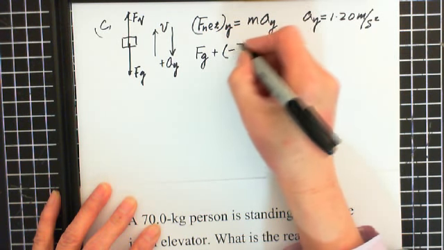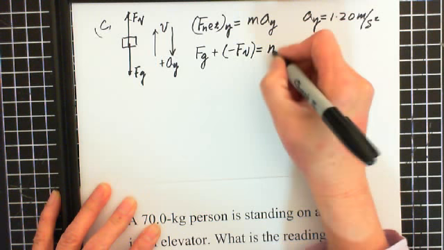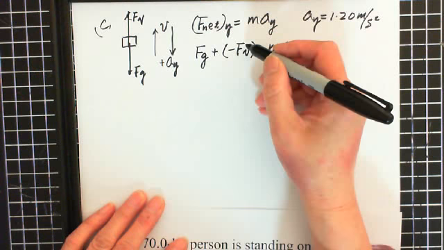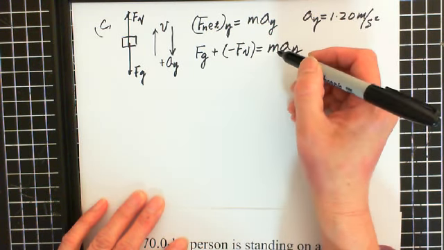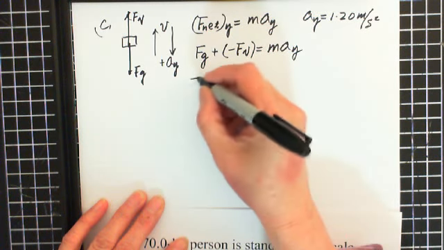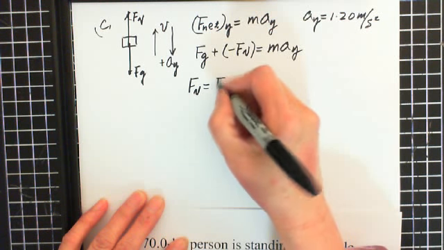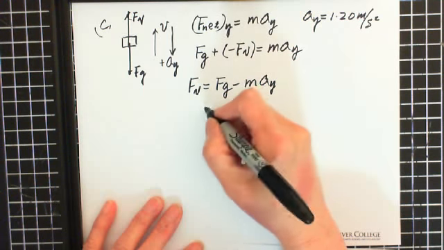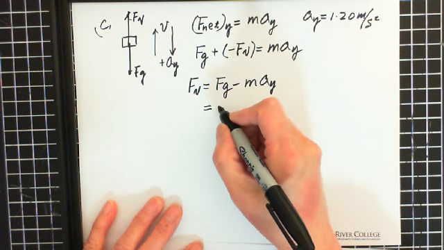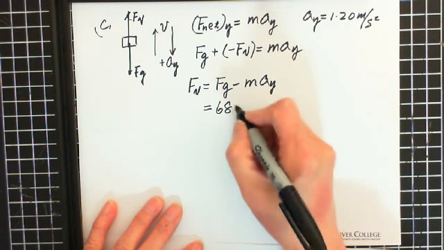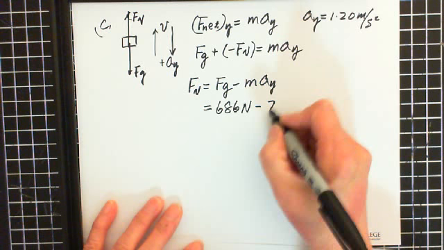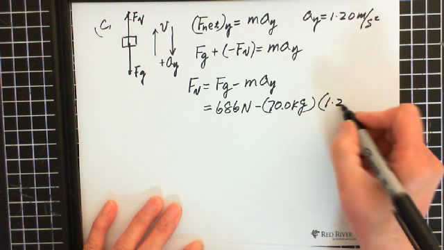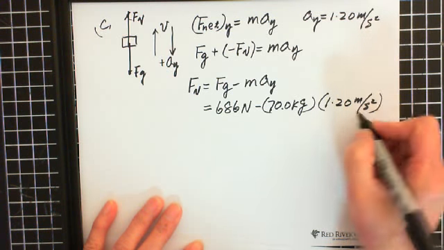So downward is positive, so Fg plus negative Fn equals m a_y. We can move the normal force to the right side and m a_y to the left side. So the normal force equals Fg minus m a_y, which equals 686 newtons minus 70 kilograms multiplied by 1.2 meters per second squared.